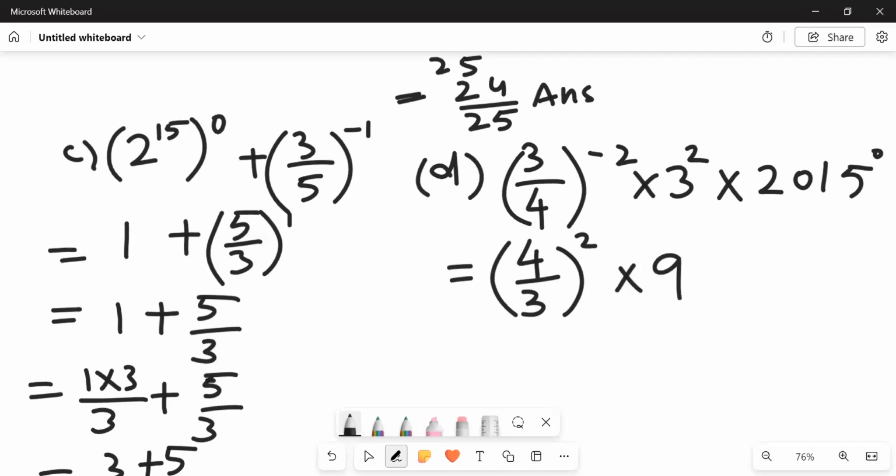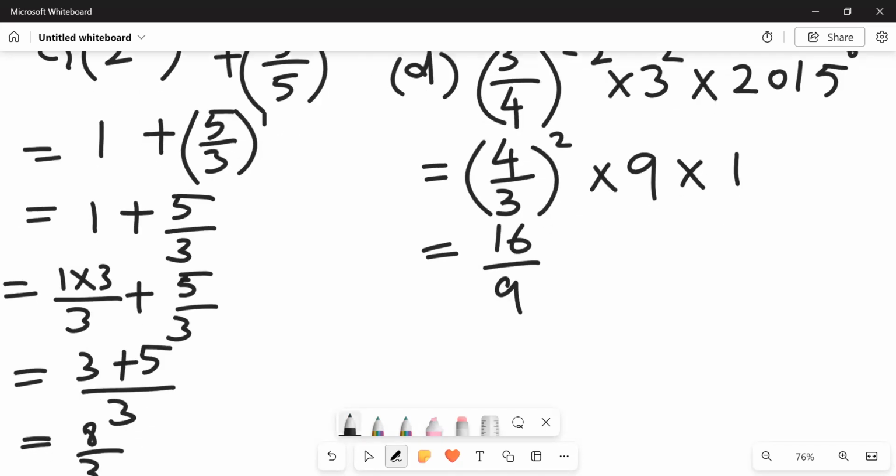And this will be 9, this will be 1. Now this is 16, this is 9. 9 multiplied by 1 is 9. So 9 ones are 9. We can cancel directly. So it is 16 over 1 and the answer will be 16. Okay.